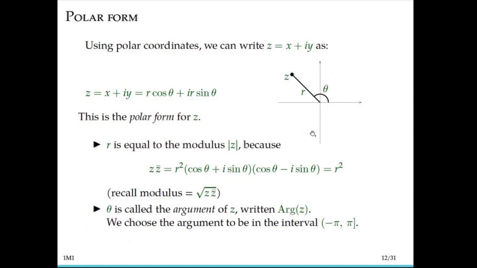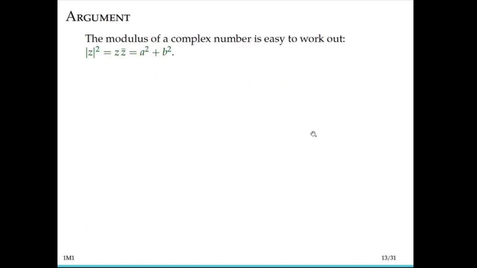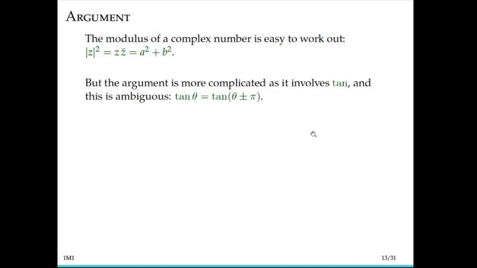All right. So the modulus of a complex number, we know, is easy to work out. You just take the square root of the sum of squares of the real and imaginary parts. This is really just the same as the length of a vector in 2 dimensions. But the argument can be more complicated, although it really is just finding the polar coordinates for the point described by the complex number z, with the given real and imaginary parts being the x and y coordinates.